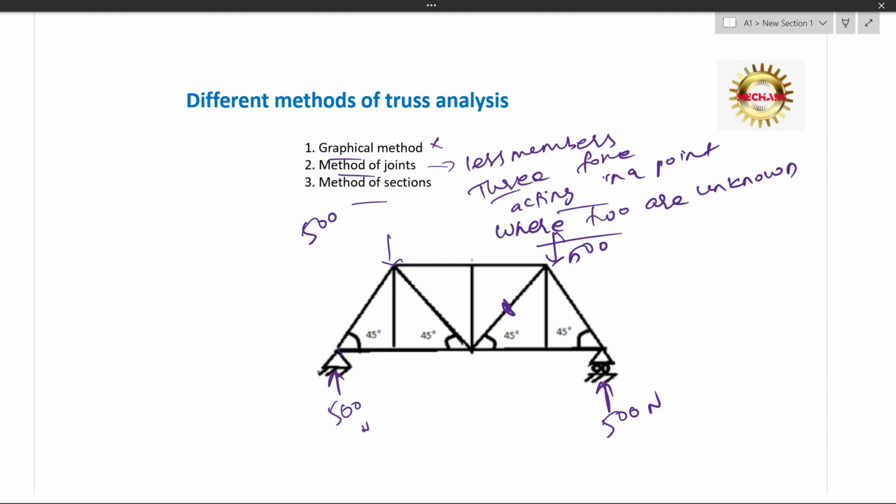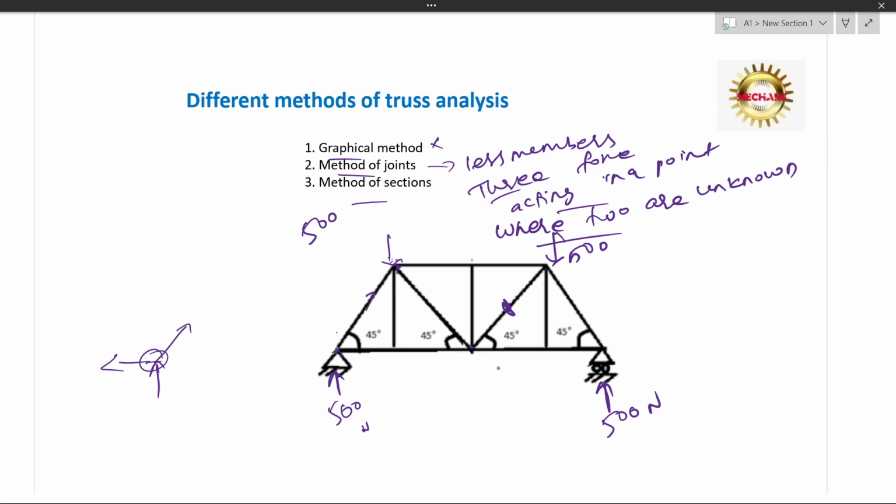If you consider here, there is one reaction force acting like this, and member force one is like this, and another might go in this direction. So here we can apply Lami's theorem. So we have to start from here and find this force. So we have two forces, then there should be one unknown. So we are moving joint by joint. That's what I'm trying to say. So here, then we go here, then we find here, and so on. This is the method of joints.